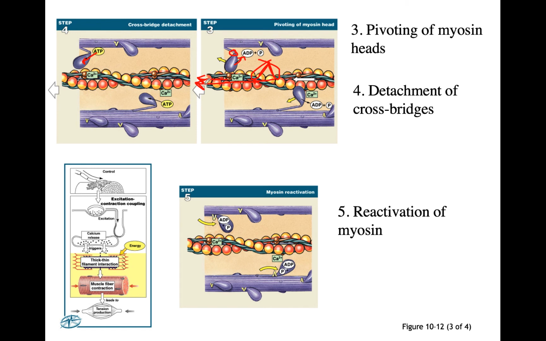So again, I'm going to go over this one more time. In order to get this myosin head to cock forward and pull all of that actin towards the M line, you have to release the ADP and phosphate.